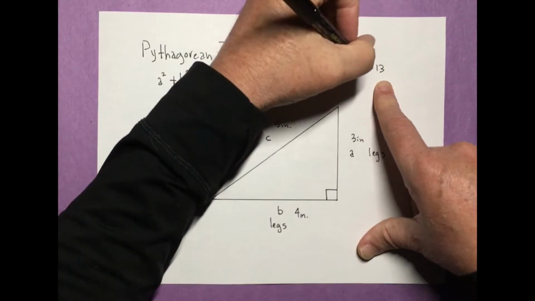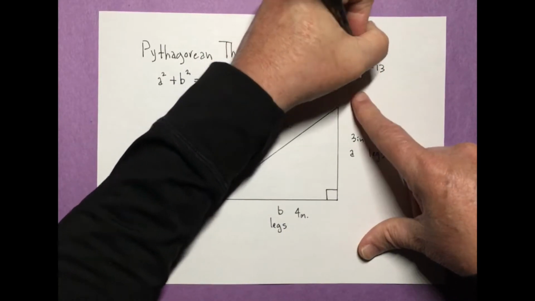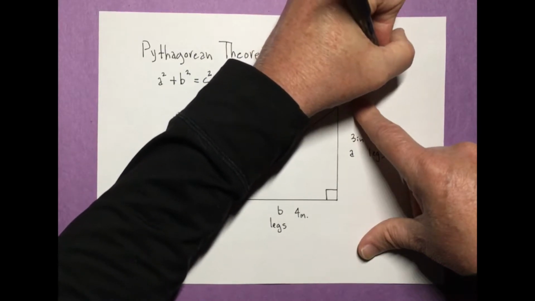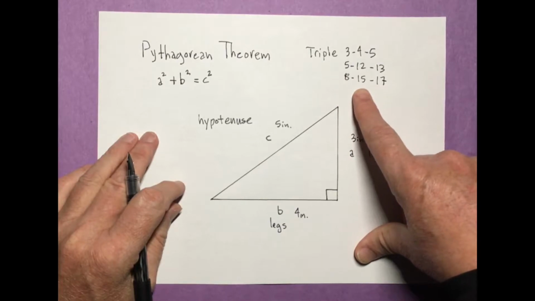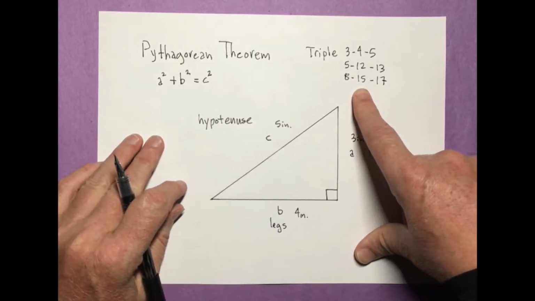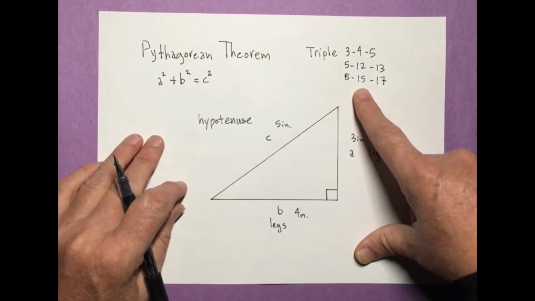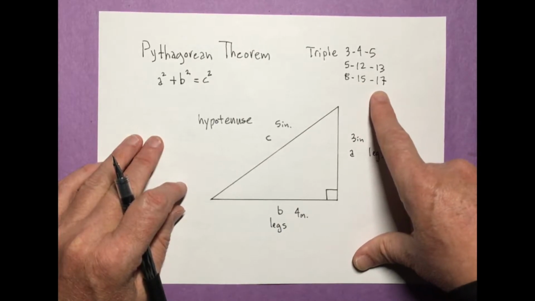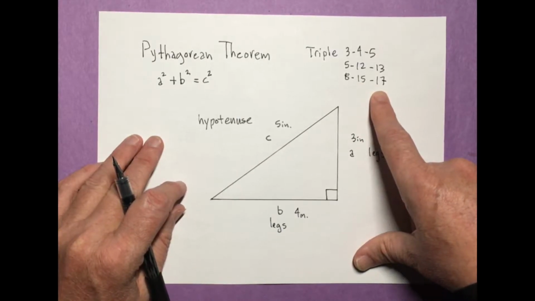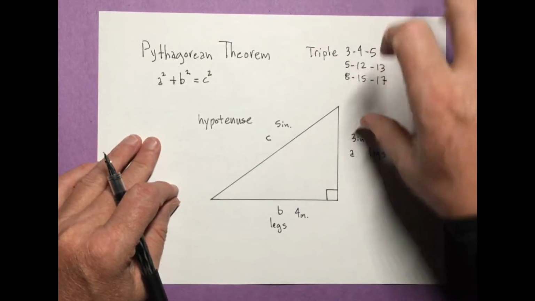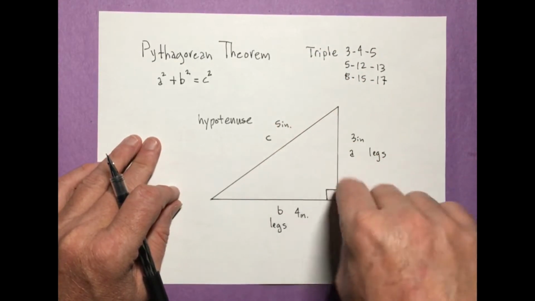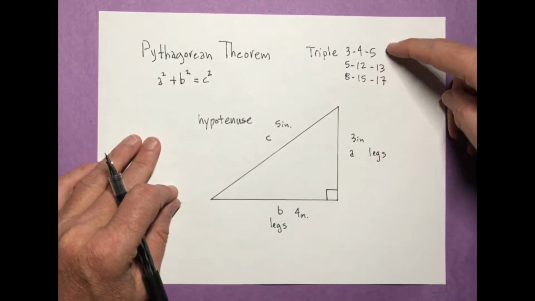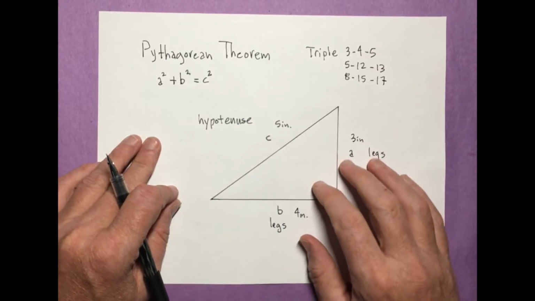See, 8, 15, and 17. 8 squared is 64, 15 squared is 225. Together, that makes 289, which is 17 squared. So, just some of the more popular Pythagorean triples. So Pythagorean triples are just any right triangle whose sides have integer lengths. All right.